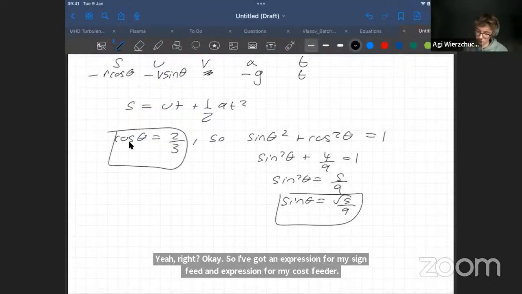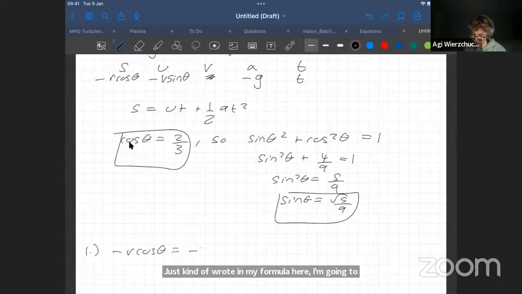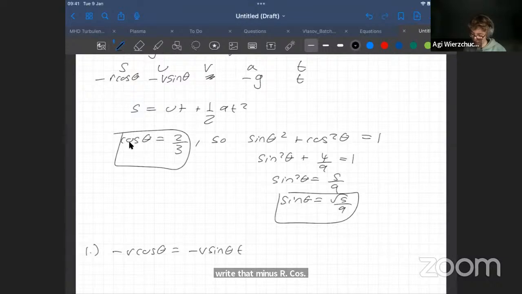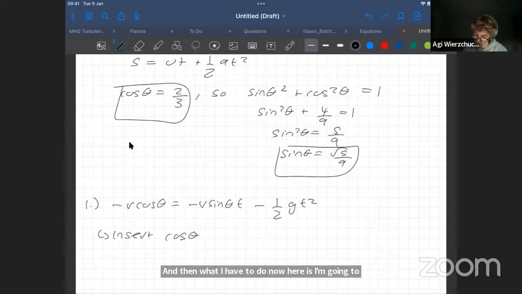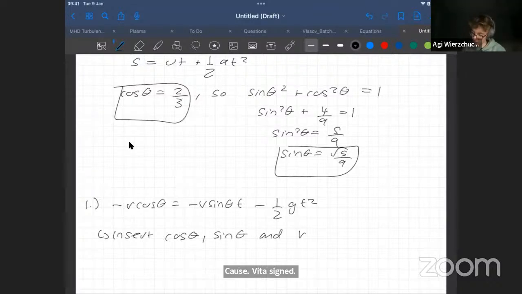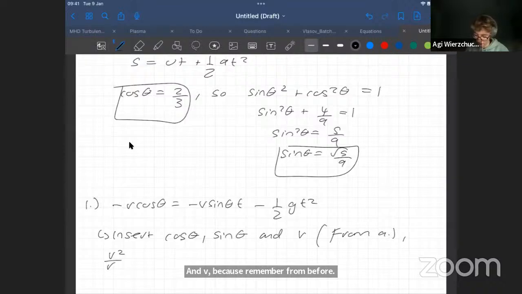So what I'm going to do is put everything I've just written into my formula here. I'm going to write that minus R cos theta is equal to minus V sine theta T minus 1/2 GT squared. And then I'm going to insert cos theta, sine theta, and V, because remember from before, in part A, I know that V squared over R is equal to, what did we get?